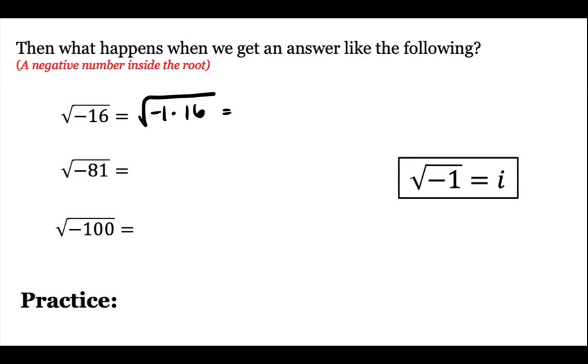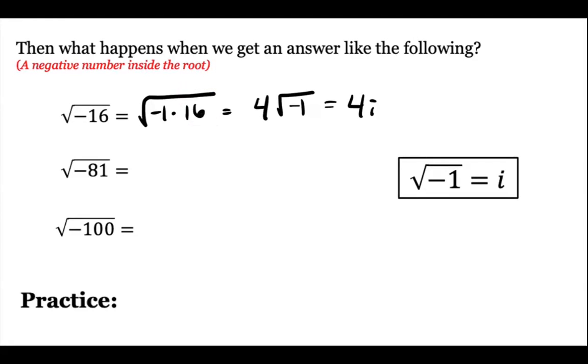Well, what's the square root of regular 16? Because this is a regular 16 now, right? So now I can give it a 4. But then I still have that square root of negative 1 in there. Well, now we can give it a letter, i. So we can say it's 4 times i, or just 4i.